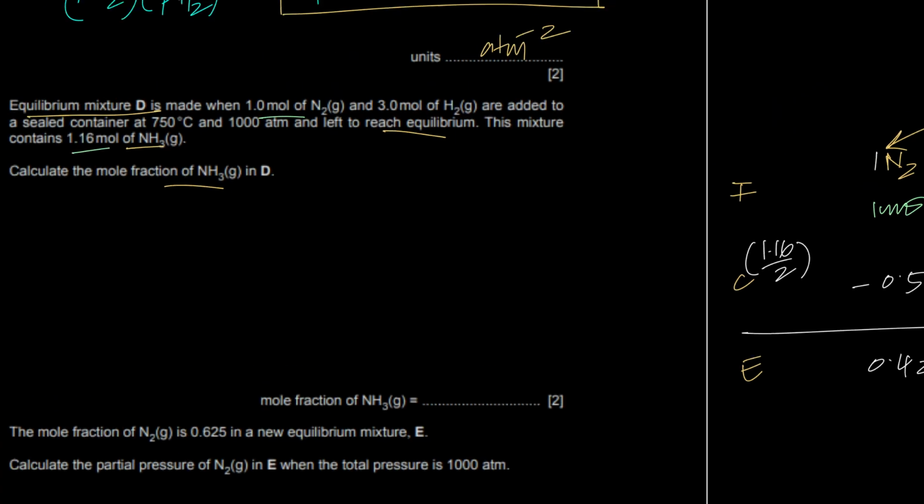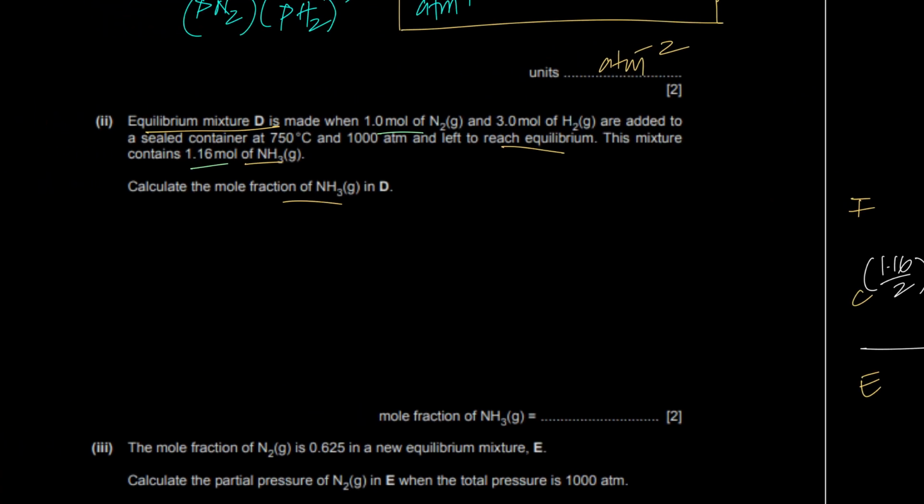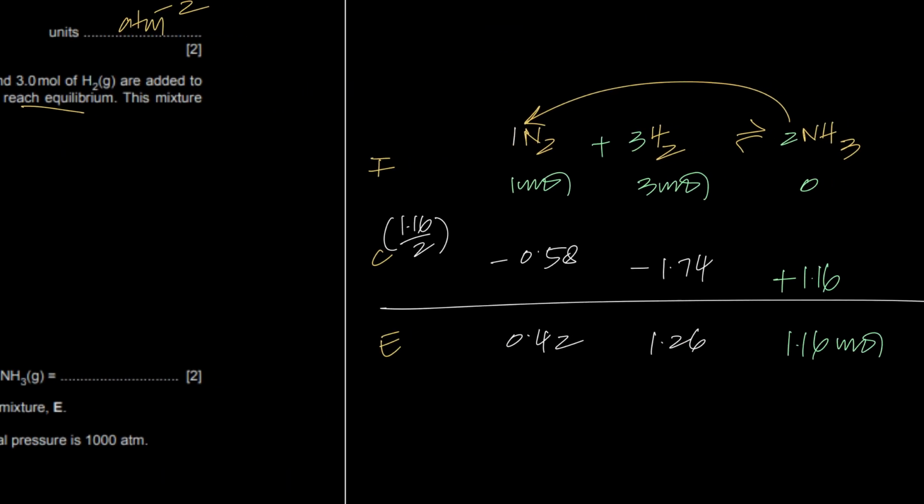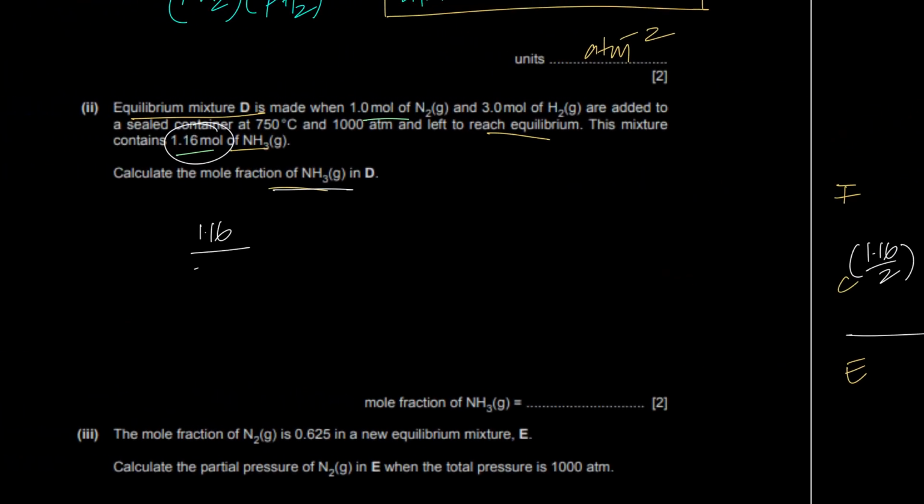And so now that I have the total moles, what am I going to do? I can calculate the mole fraction of NH3. I had the moles at equilibrium, which is 1.16, divided by the total moles, which is 2.84. What do you get as your mole fraction? 1.16 divided by 2.84.